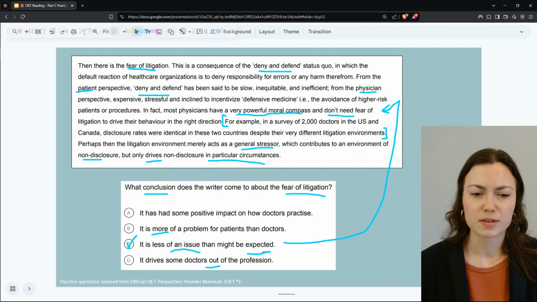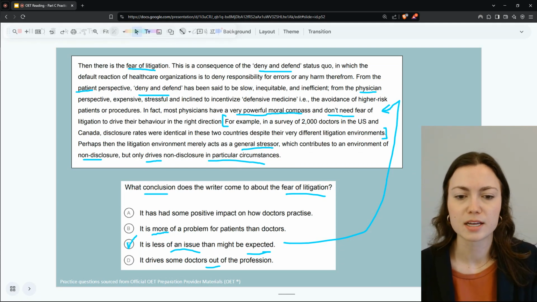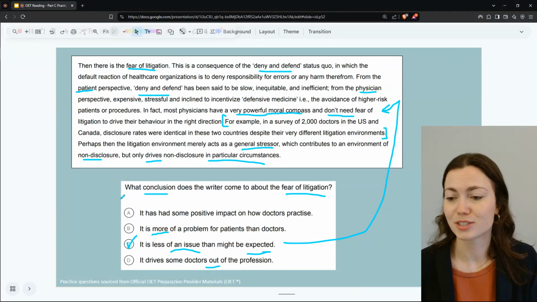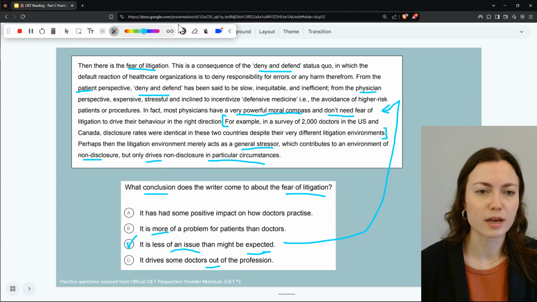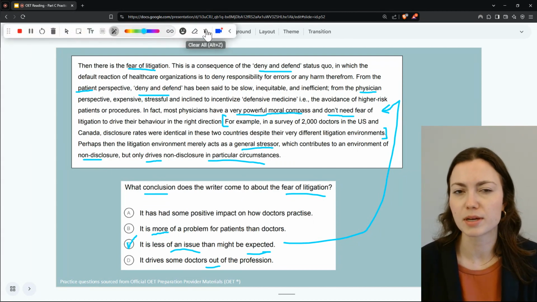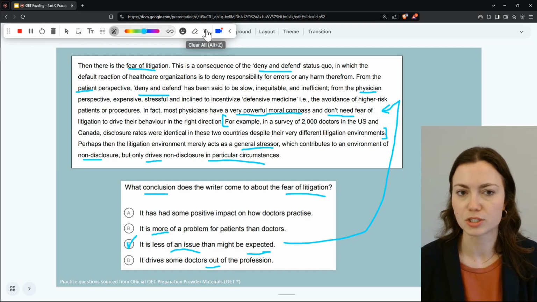All right. That's a little bit trickier, and that one would take more time on the OET test. Some questions are a little more obvious to find the answer, some take more careful analysis, so you want to keep that in mind when you are practicing the timing of the exam, how much time to give yourself for each question.